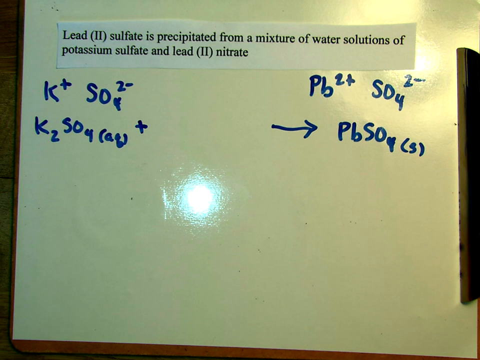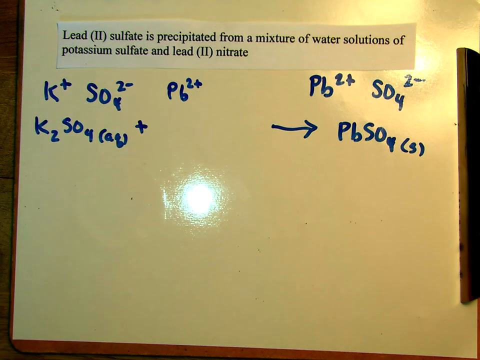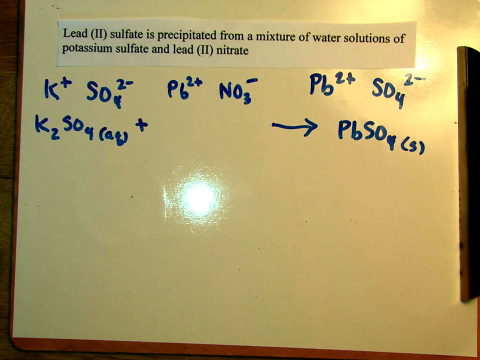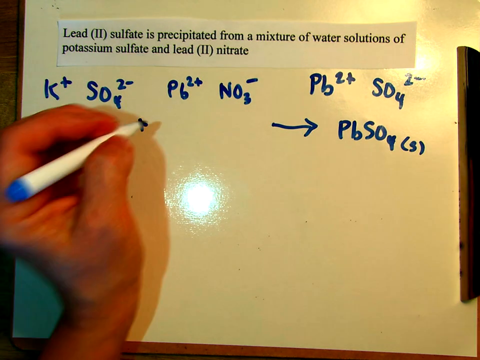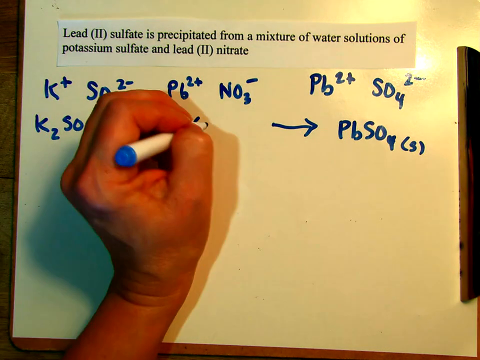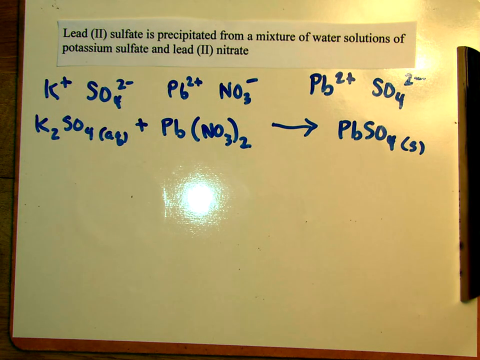Our other reactant is lead Roman numeral 2 nitrate, so it's going to be Pb2 plus. Nitrate, because we know our ions, is NO3 minus 1. So the formula for lead nitrate is going to be Pb, parentheses, NO3 with a subscript 2 next to it.